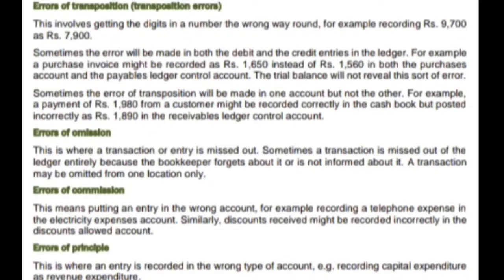But let me explain again: capital expenditures are the expenditures which are added into the cost of the asset, but revenue expenditures are expensed out. So if the accountant has made a mistake in applying the rules of accounting, this is called error of principle.